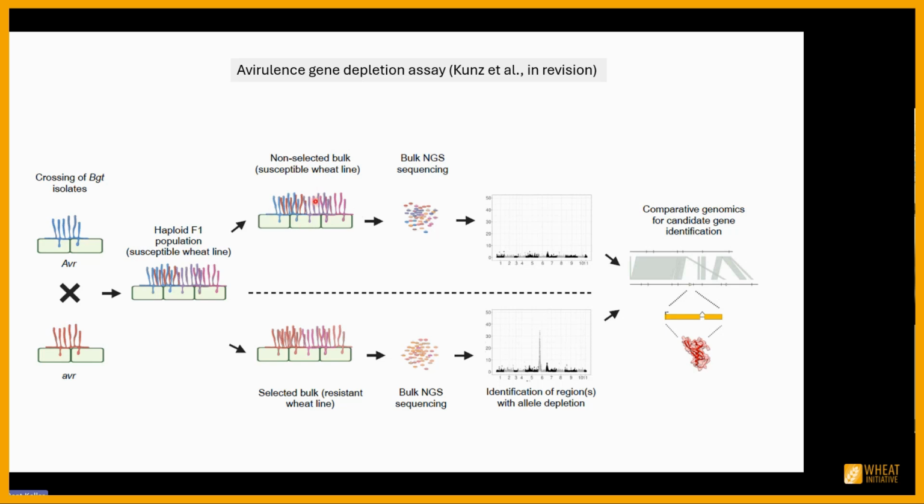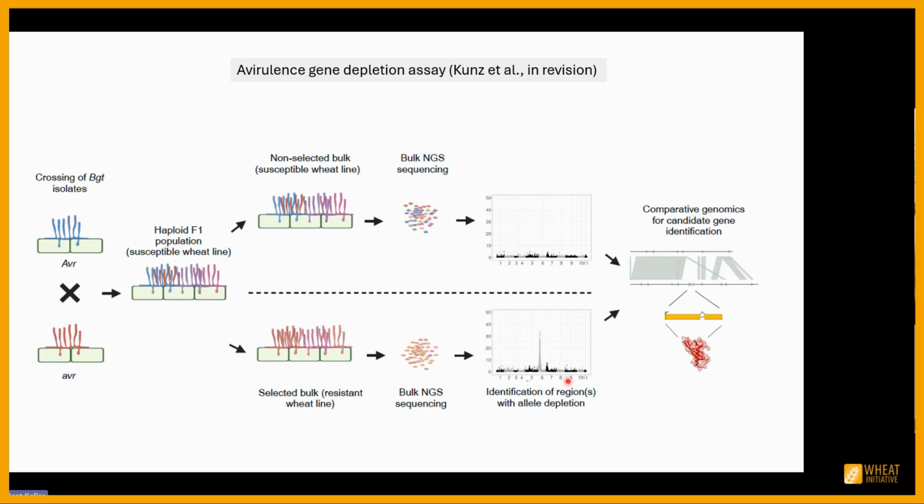You multiply this population on a susceptible wheat line, and you make a selection on a resistant wheat line, and then you basically sequence these two bulks, selected and non-selected, and you look for genomic loci which have an allelic depletion. Here there would be a depletion in the AVR gene locus, and this then identifies immediately the genetic location of the avirulence gene.